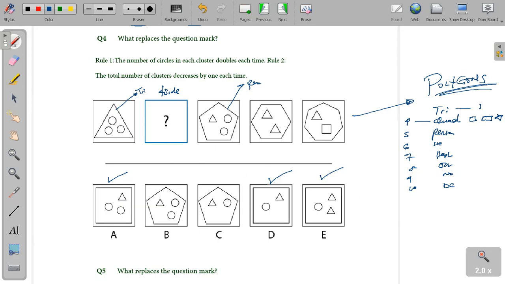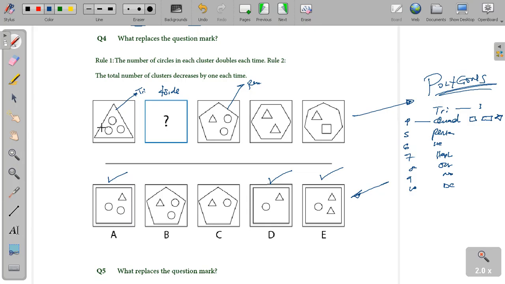Should be D. Why? Can you explain? Okay, okay, yes.